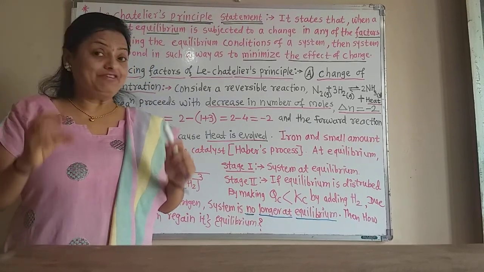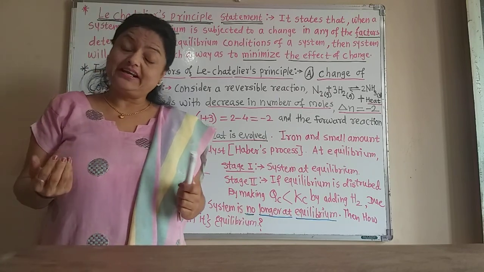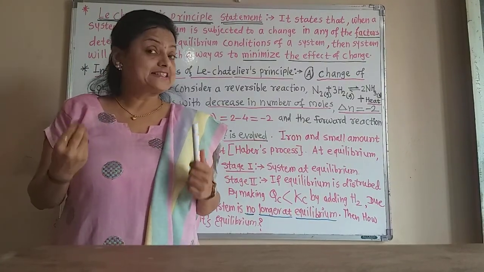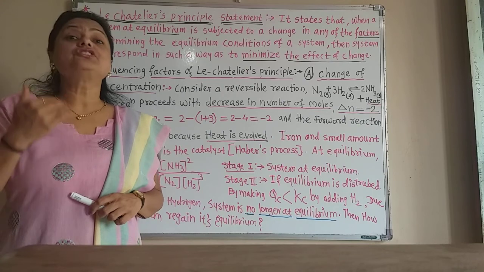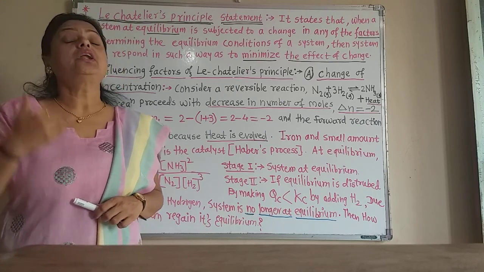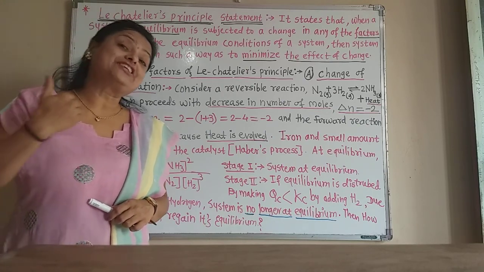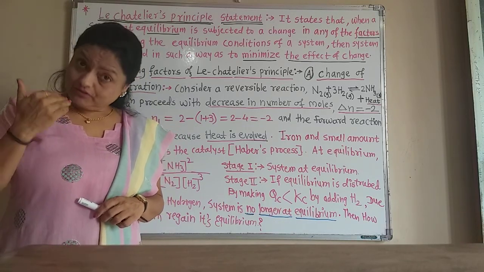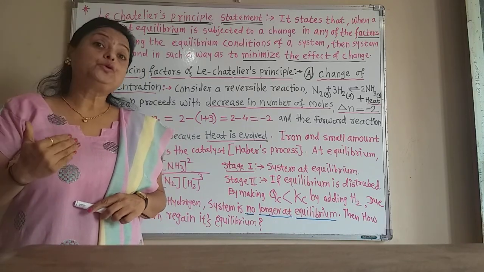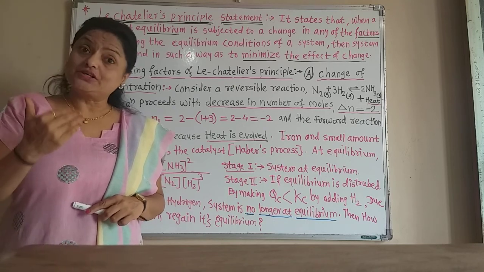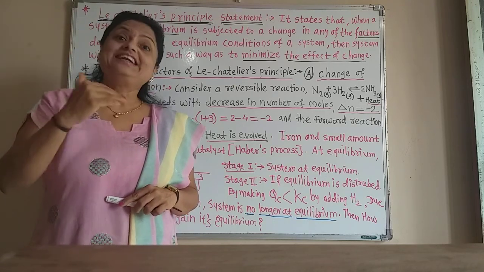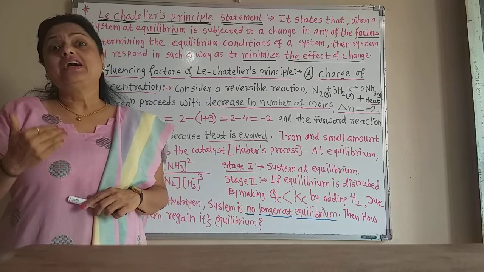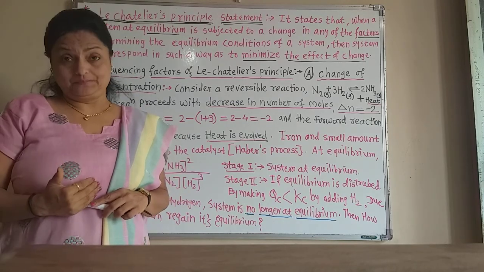Though the equilibrium is already attained, and the forward and reverse reaction rates are equal, if we increase the concentration of one of the reactants, the rate of the forward reaction increases again. Up to what stage? Up to the point where the increase in concentration of the reactant is nullified, or used up.